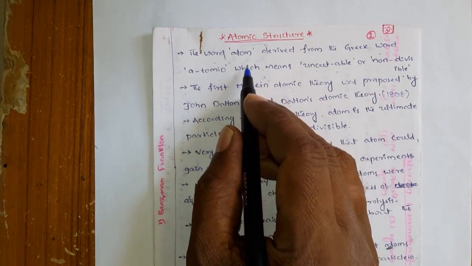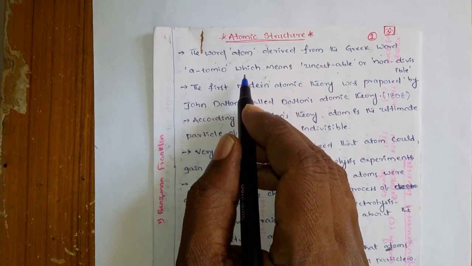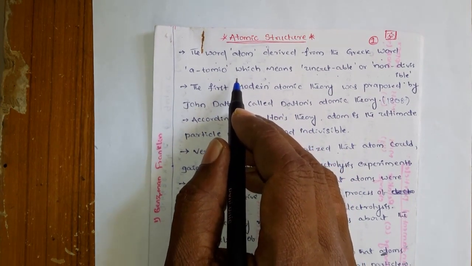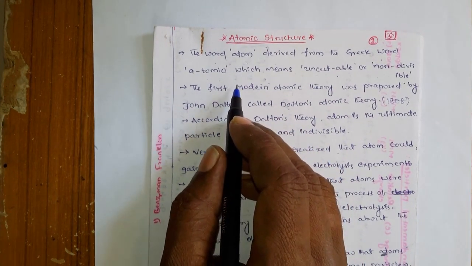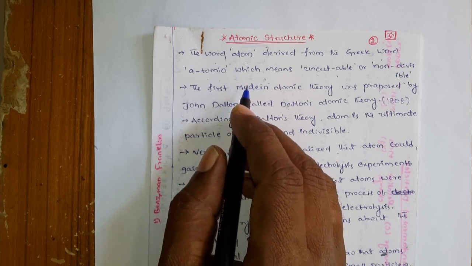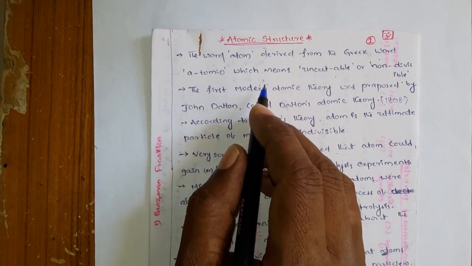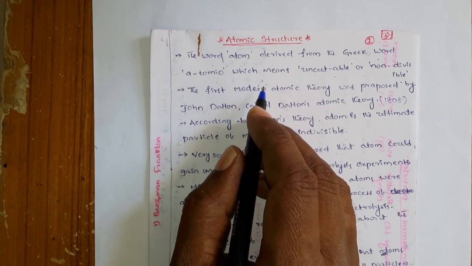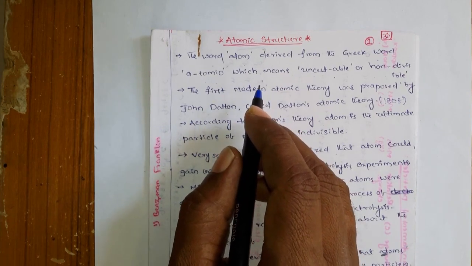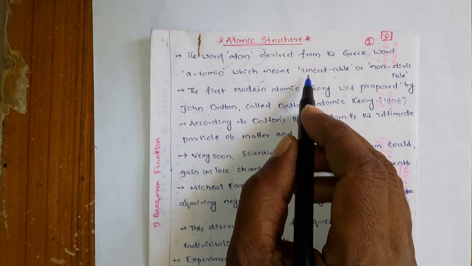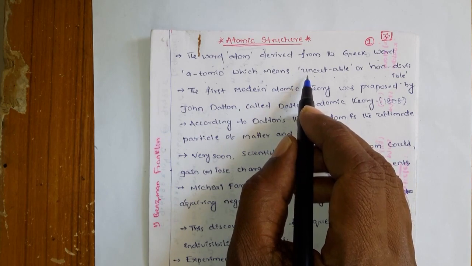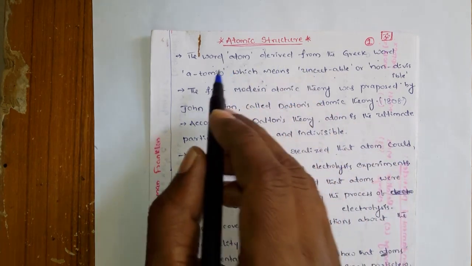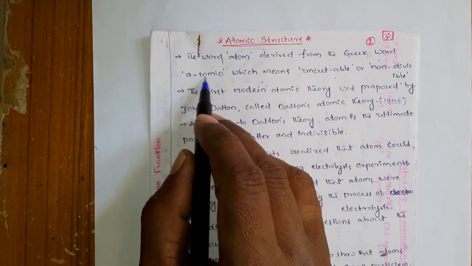Because at that time, in the earlier 18th century, they thought that the atom is the smallest tiny particle, and that is uncuttable or non-divisible. That is the reason why they kept the name atomio.